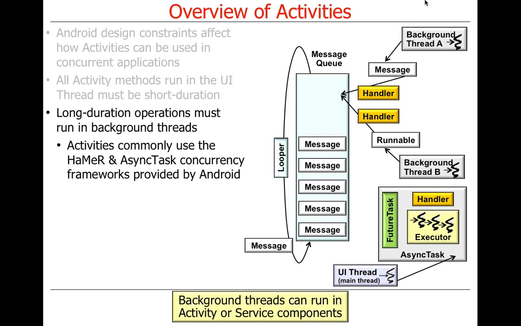Ironically, if you don't do anything else, services also run in the main thread, which is kind of weird. But that's not very typical. You typically will do one of two things, and we'll talk more about this later. You either spawn a thread or use a service called the intent service that can create a thread that runs in the background. That's one way to do it. Or you can have a special little tag in your Android manifest file in XML format.